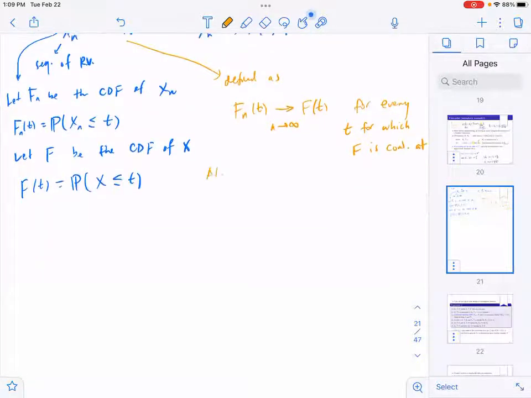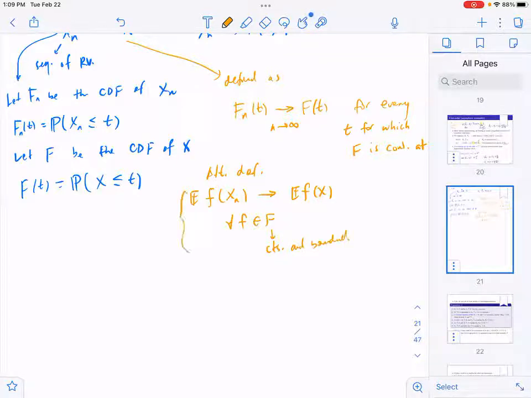So alternative definition: pick some f, which is a test function, apply it to this sequence, and then take the expectation. This is a number. And I'm going to require that this converges to the expectation of f of X. If this holds for f in some large class of functions, for example, continuous and bounded is good enough, then I would say I have convergence in distribution.